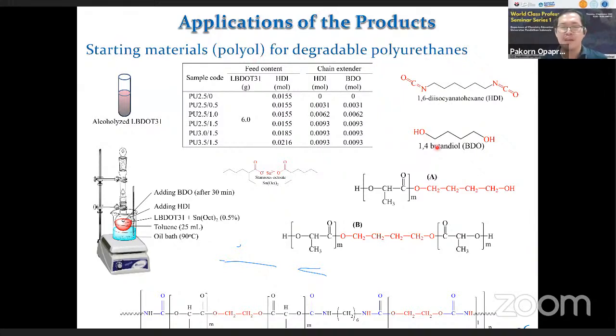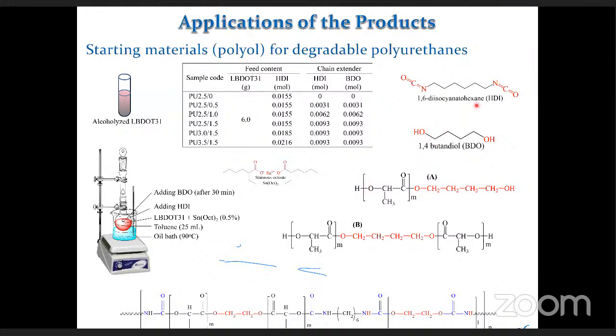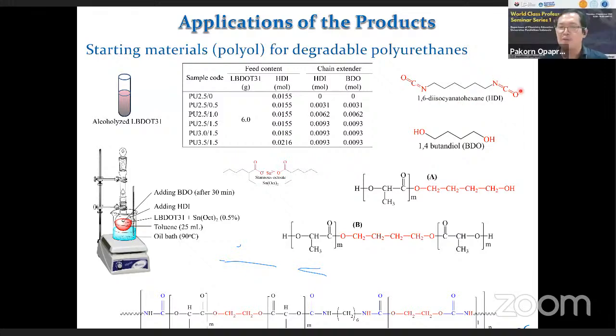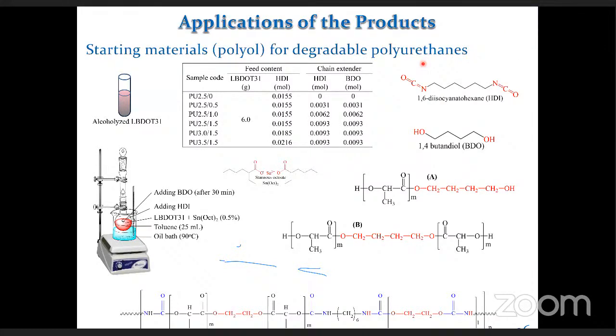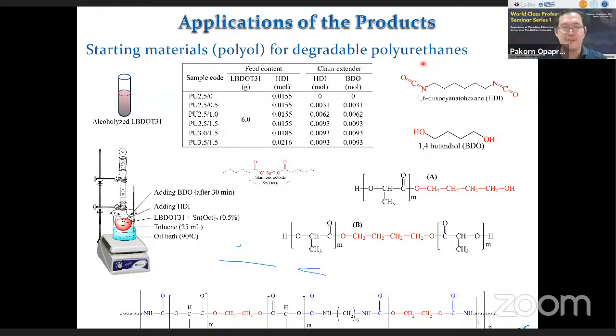If we react a polyol that contains OH groups at the ends with a compound that contains isocyanate groups, this can produce urethane functional groups and join together to form a polymer called polyurethane. But the polyurethane polymer made from our product here comes from PLA. PLA is degradable, so the product here is degradable polyurethane. So it can be degraded after use.